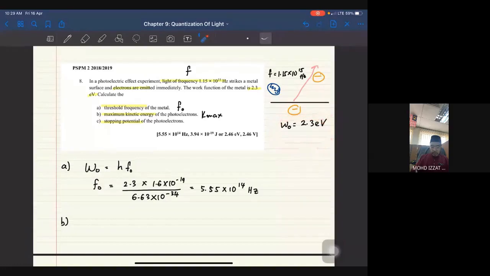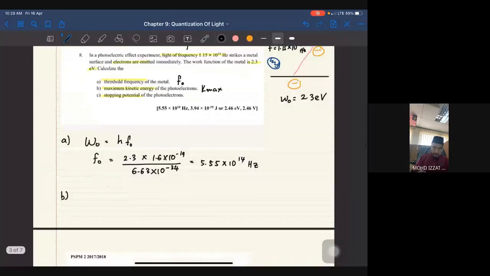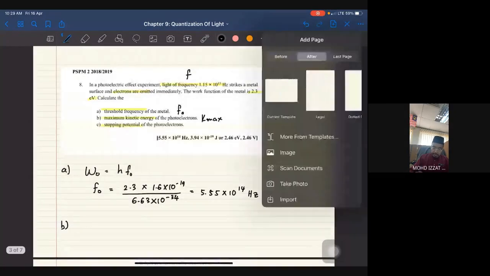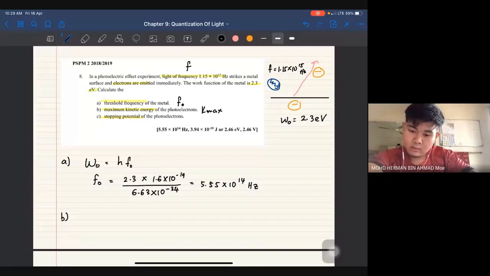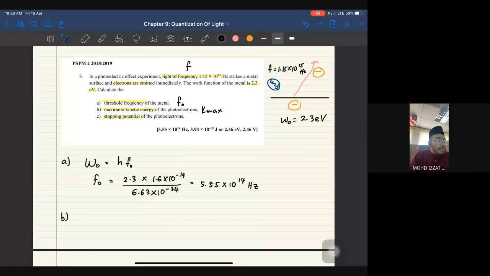So basically, if we want to find this kinetic energy, the energy that is going up, how do we calculate it? Sir, use the formula Kmax equals EVS. Okay, if you want to use Kmax equals EVS, you don't have the information for EVS. You don't have VS, right? VS is asked in part C. So VS is not available.